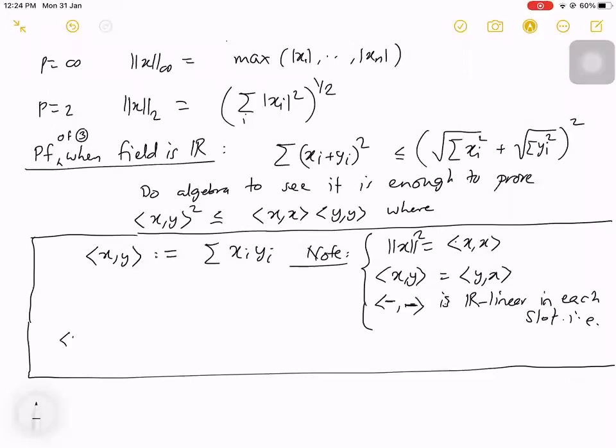I.e., r x1 plus x2 with y is equal to r times x1 y plus x2 y. Oh, this is bad. Sorry. This is because subscripts cannot simultaneously be components as well as vectors. I apologize.